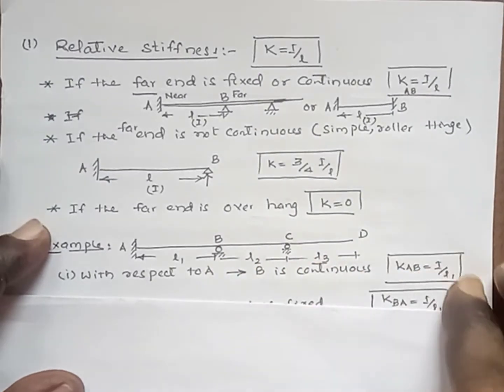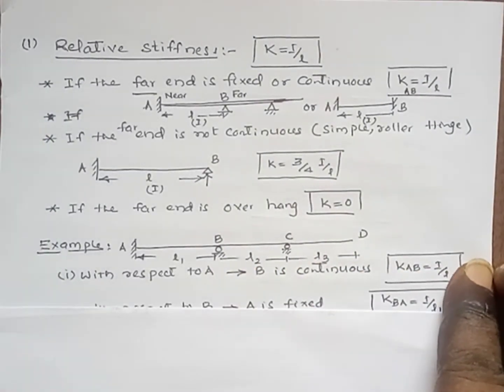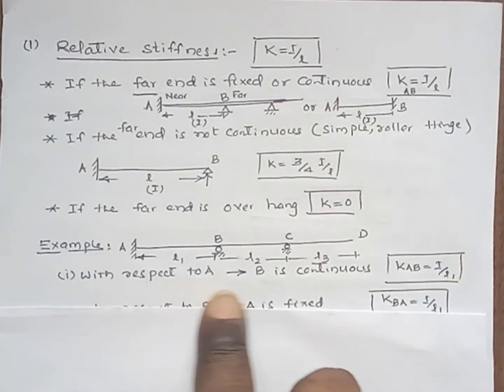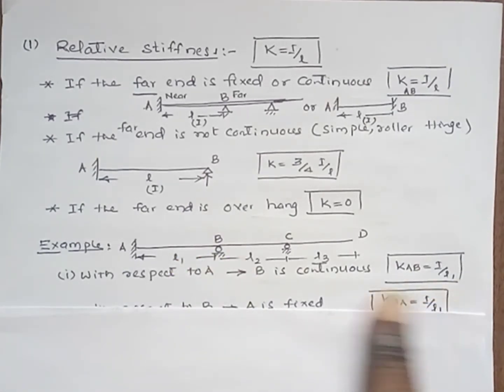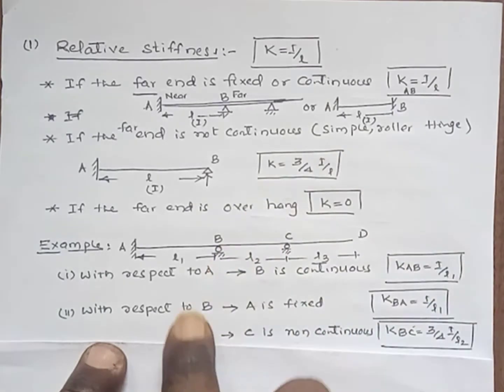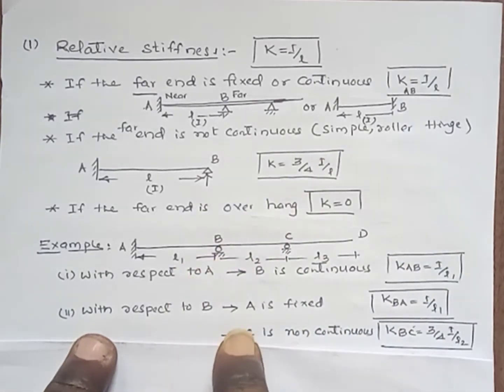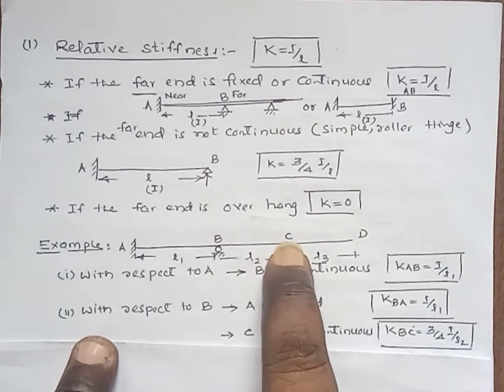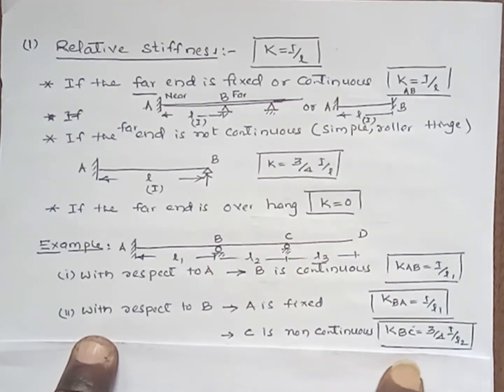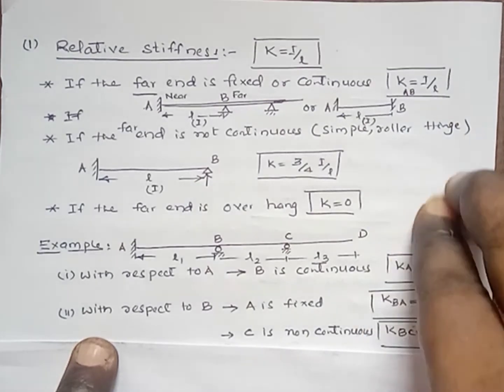Here with respect to A, if you consider the joint A, B is continuous, KAB equals I by L1. With respect to B, A is fixed, KBA equals I by L1. With respect to B, C is not continuous, since this one is the end support, then KBC equals 3/4 of I by L2.